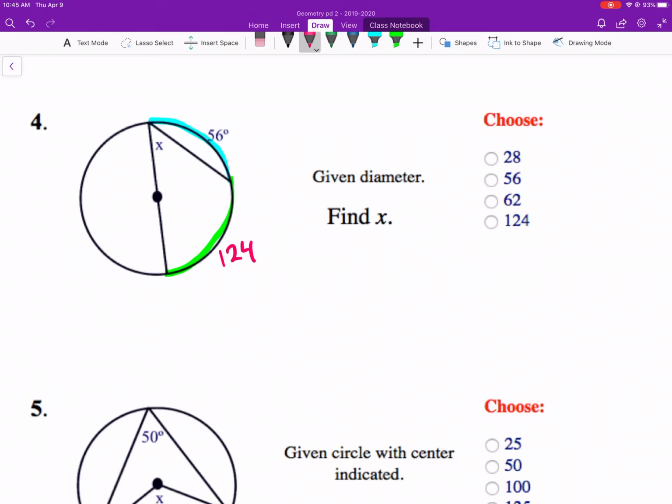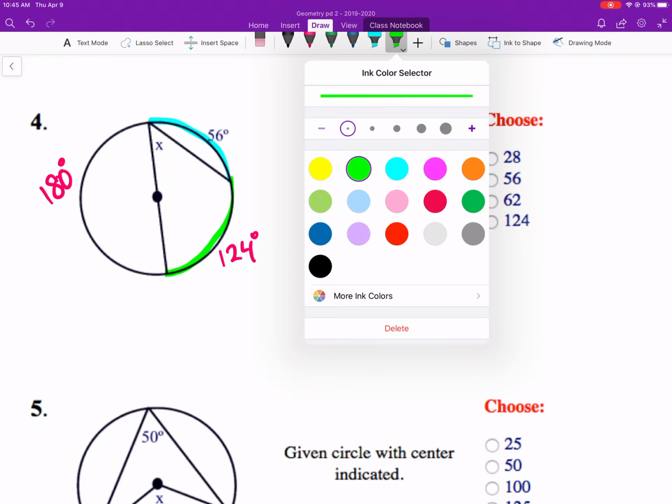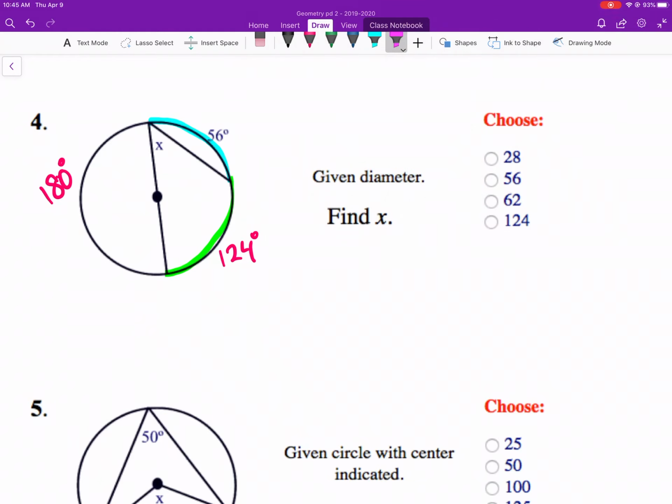It'd be 124. And this arc over here would be 180. That's exactly half the circle, the left side of the circle. Now this arc for x, look at how x opens up. This angle goes to here and here.